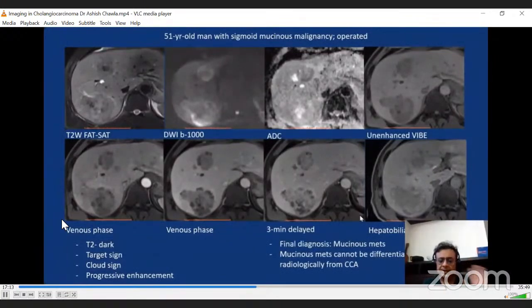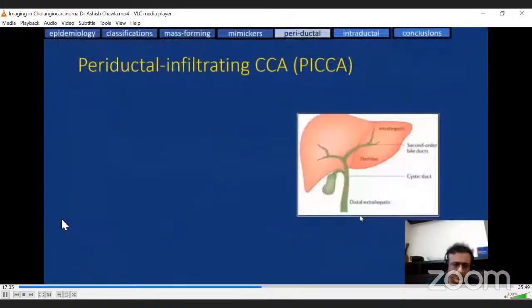So the learning point is that mucinous metastasis sometimes cannot be differentiated radiologically from cholangiocarcinoma. But usually this is not a question because you always have a history of a mucinous malignancy in breast or colorectal cancer in such patients with metastasis.